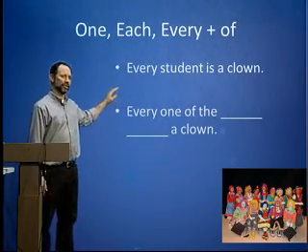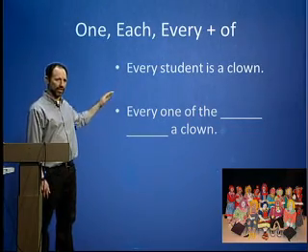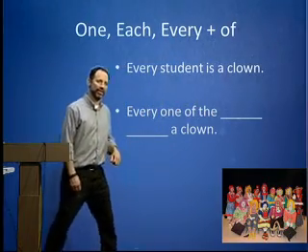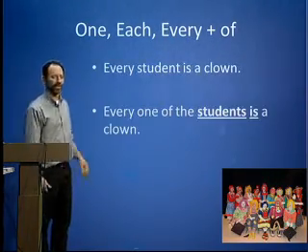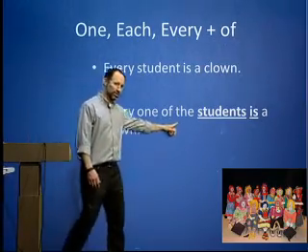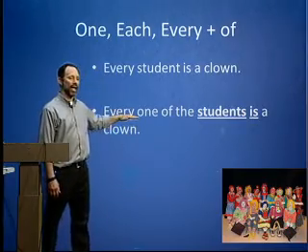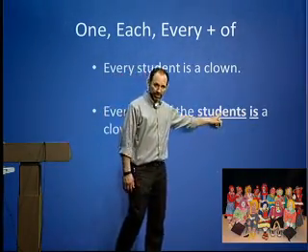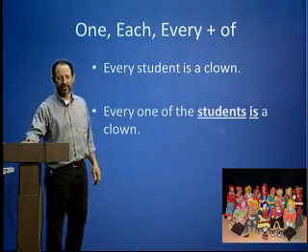And finally, with every, we have every student is a clown. Every one of the, what do you think will go in those two blanks? Every one of the students is a clown. So once again, after every one plus of, we have the plural noun, and then this third person singular verb.